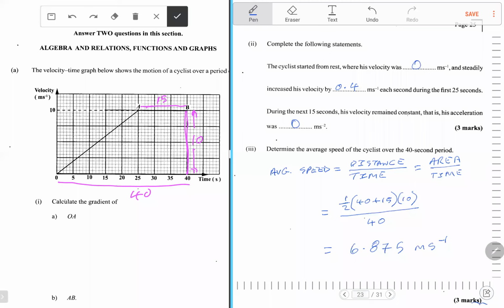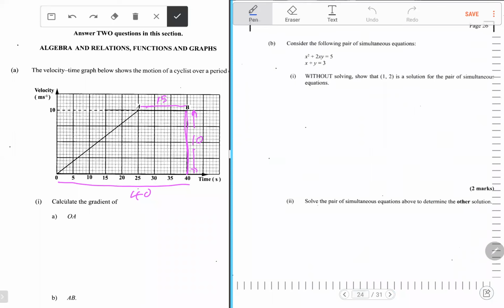Someone can check that for me. So it's 5 times bracket, that's 55, close bracket, divided by 40. Yes, 6.875 meters per second is the average speed for the whole journey. All right, next question.